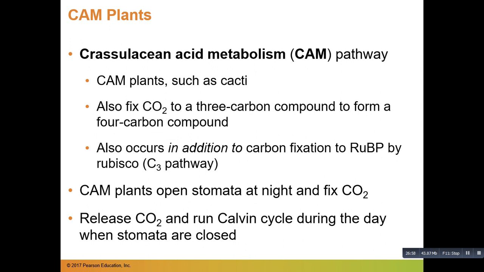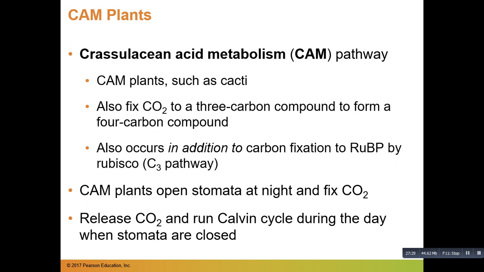The difference between C4 plants and CAM plants is that CAM plants open stomata at night, and that is when they fix CO2. They release CO2 in their inner cells and run the Calvin cycle during the day when the stomata are closed. So this is like a super efficient way to make sure that there's not too much oxygen around and they're not losing water.